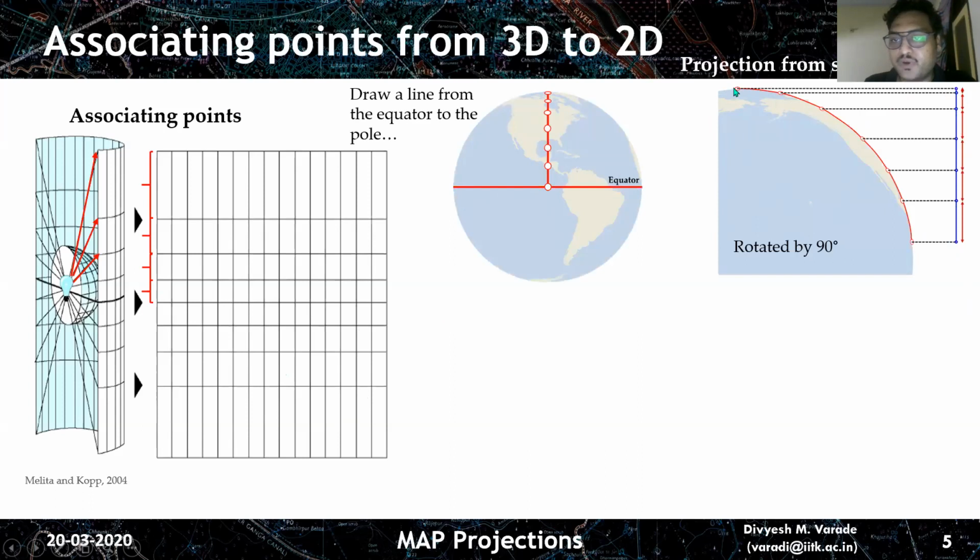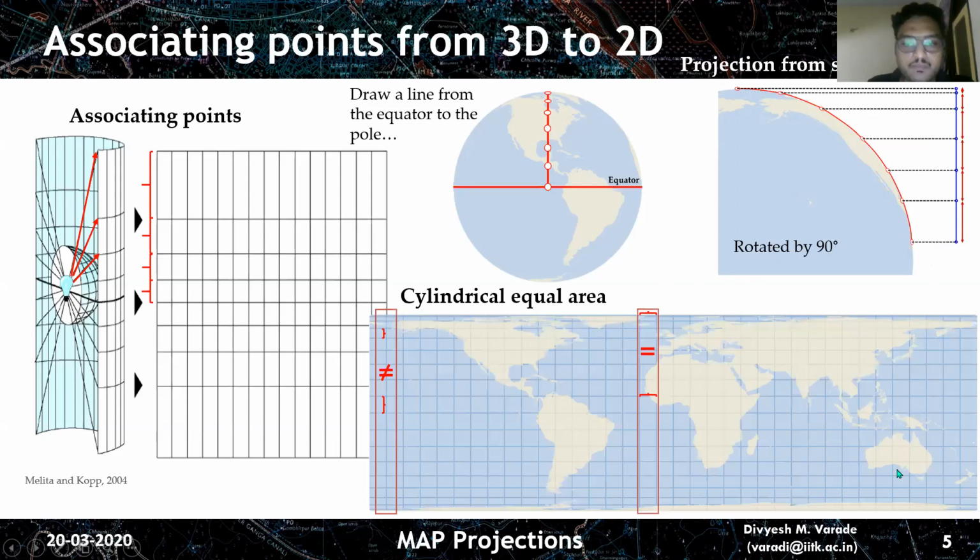For example, on the reference globe, these 2 points and these 2 points are at the same distances. But on the sheet of paper, these 2 points have a much larger distance than these 2 points. So this means that in this case, as we move from the equator to the poles, our distances are shrinking.